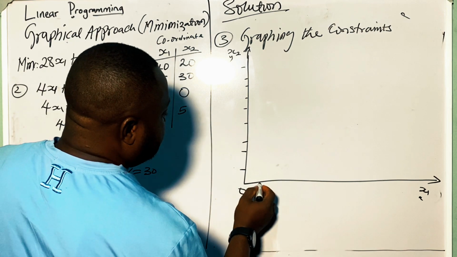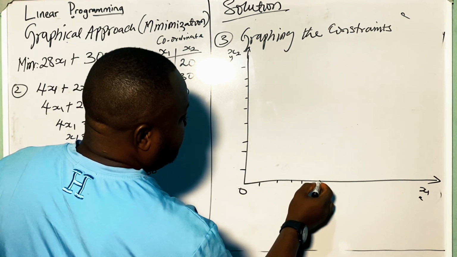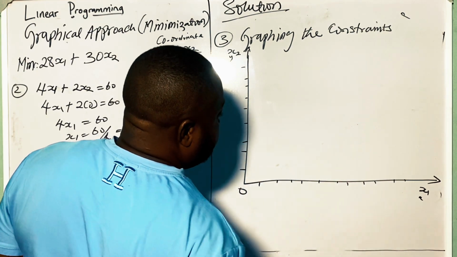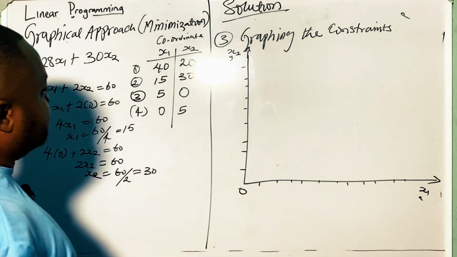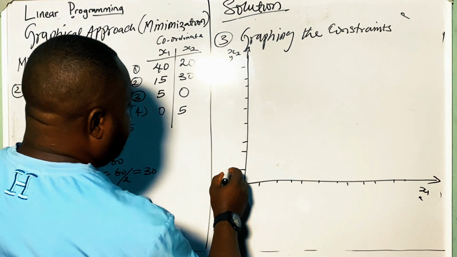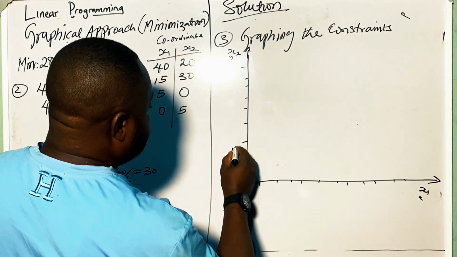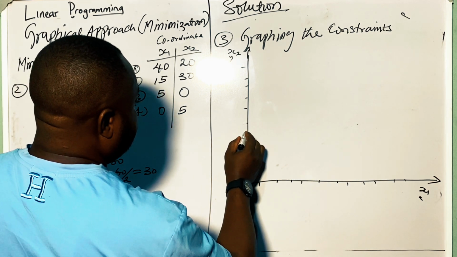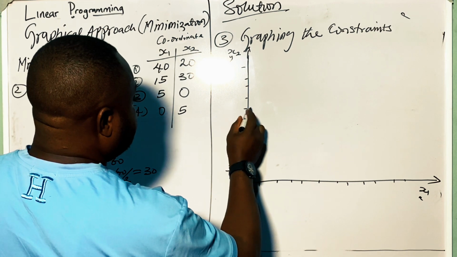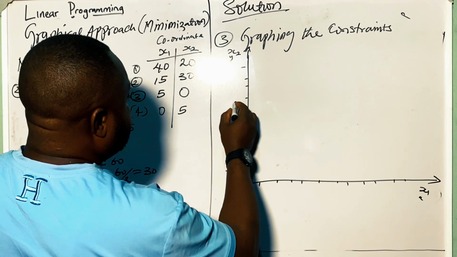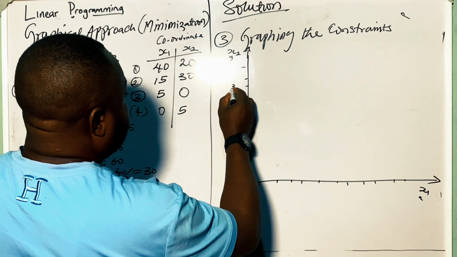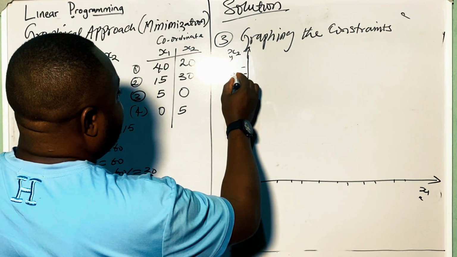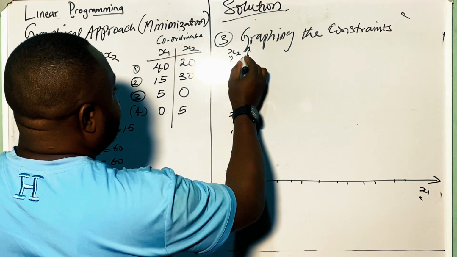As has been mentioned in a previous video, when you use your graph you have more accuracy. So I have 5, 10, 15, 20, 25, 30, 35 and 40.